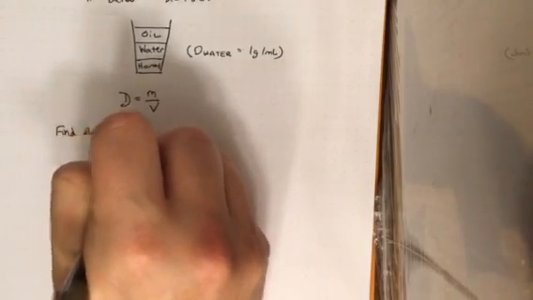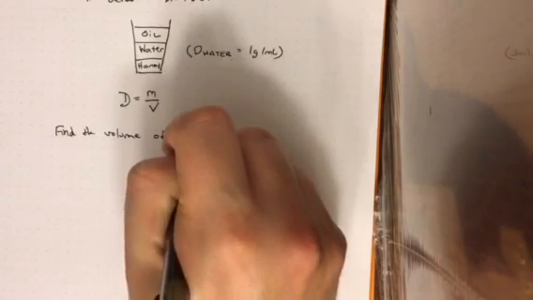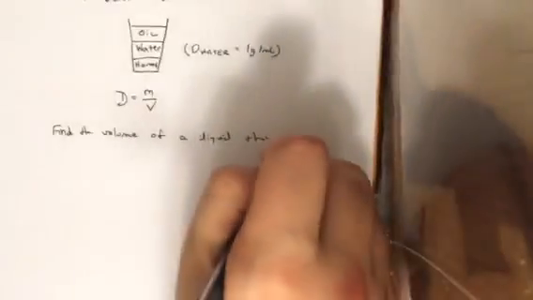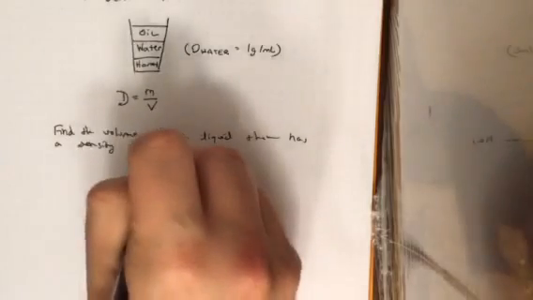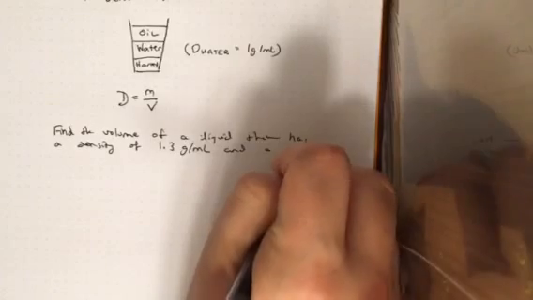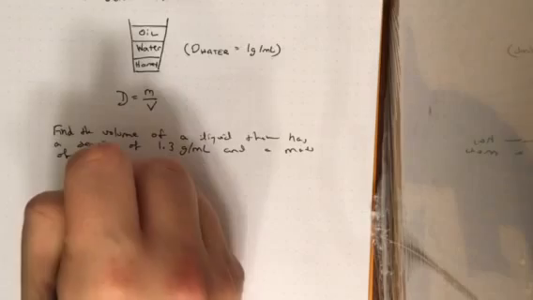So particularly, let's imagine a problem that said, find the volume of a liquid that has a density of 1.3 grams per milliliter and a mass of 7 grams.